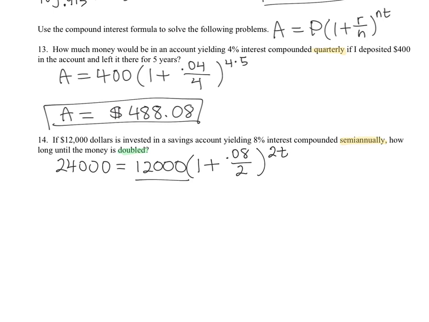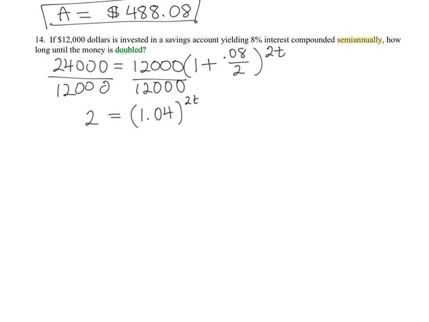Our first step is going to be to divide by 12,000. So 24,000 divided by 12,000 is going to be 2 equals, I'm going to go ahead and figure out what 1 plus 0.08 all over 2 is, which is 1.04, and then our exponent is still 2t. Just like in number 12, the only way we can solve this exponential equation is by converting to logarithmic form. So we're going to have log base 1.04 of 2 equals 2t.